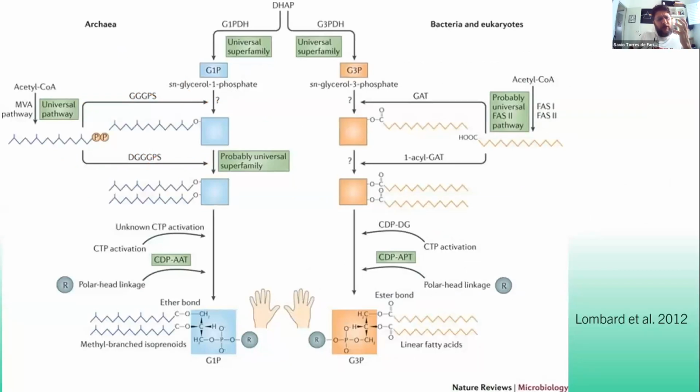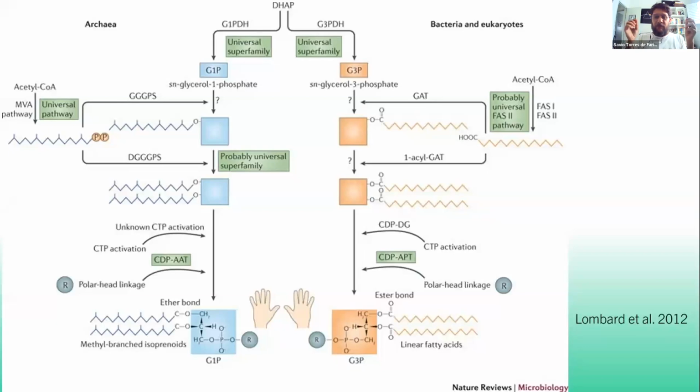Other important data is that when you look at the biosynthetic pathways of these membrane lipids, archaea and bacteria have completely different pathways. And it's very interesting because the archaea pathway we can only find in archaea. In the bacteria, we can only find it in bacteria.